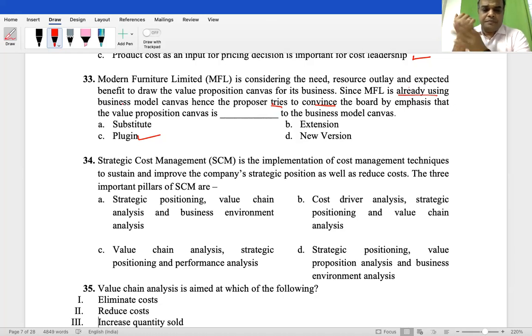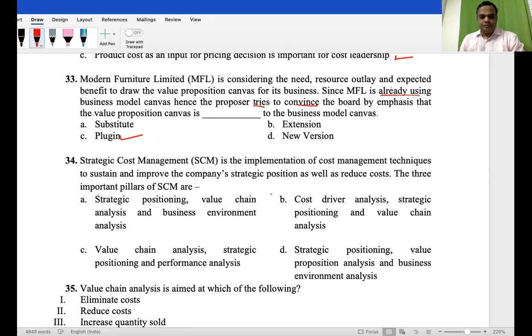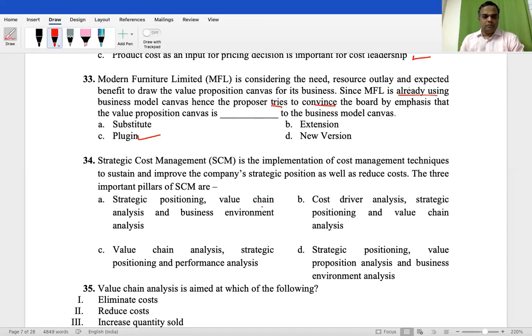Next question. Strategic cost management is the implementation of cost management techniques to sustain and improve the company's strategic position as well as reduce cost. The three important pillars of SCM are: Option A, strategic positioning, value chain analysis, and business environment analysis.